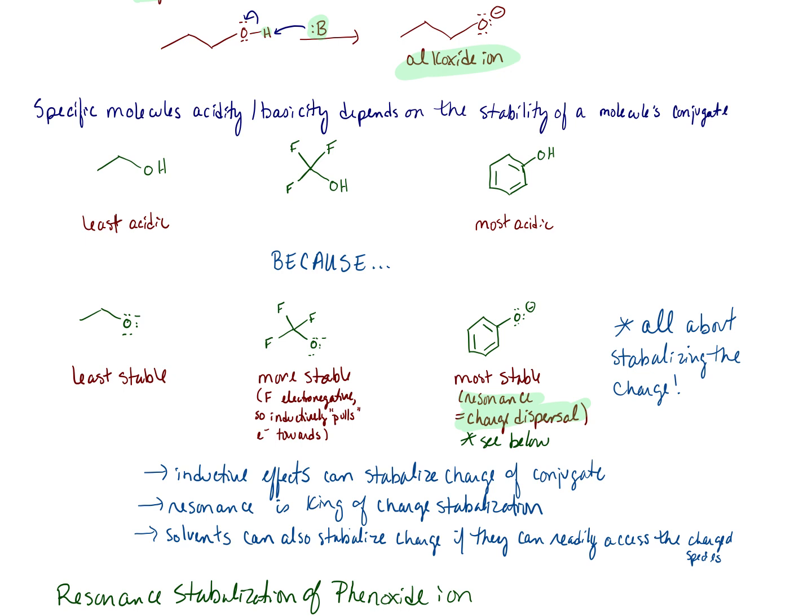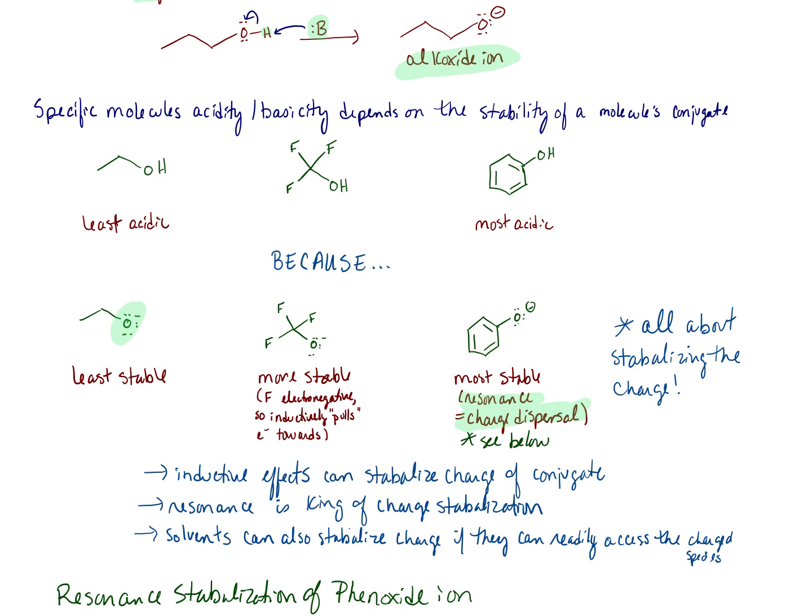Okay, that's the most stable. The least stable would be where you have an oxygen with a negative charge that is pretty much just on that oxygen, and that oxygen is taking all of the ownership of that negative charge.